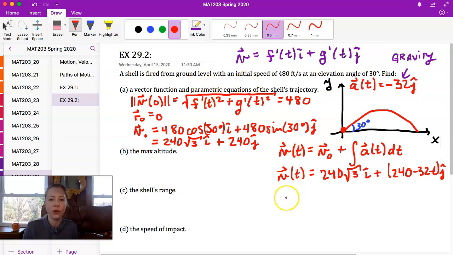So now we're just looking for r of t. And r of t is going to be equal to the integral of our velocity.